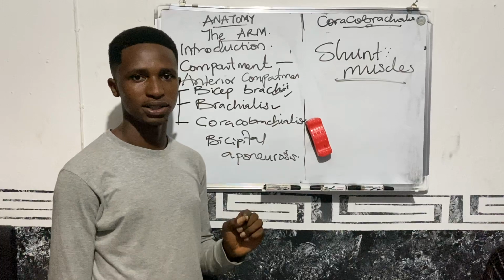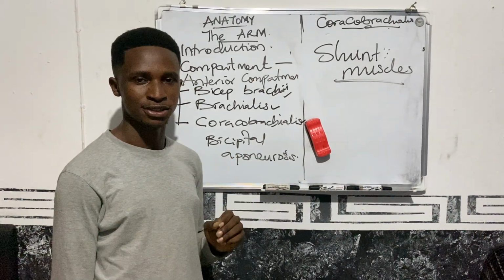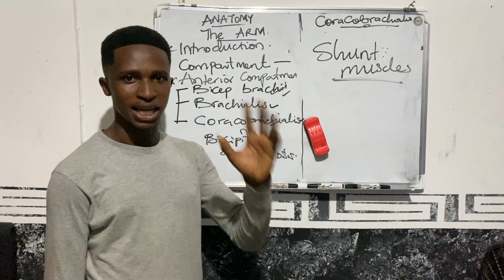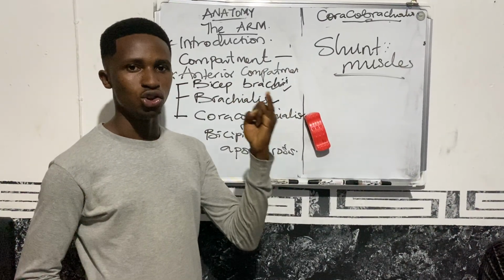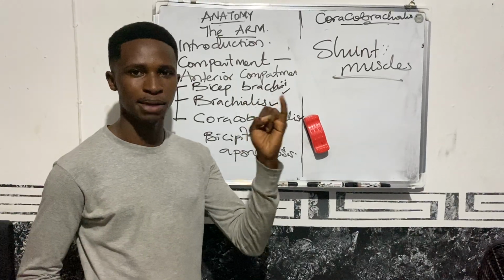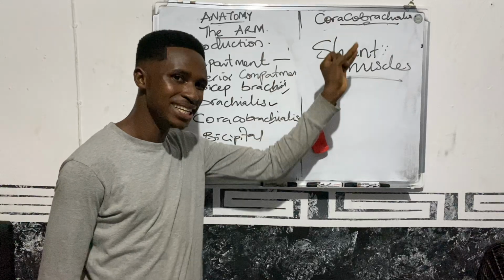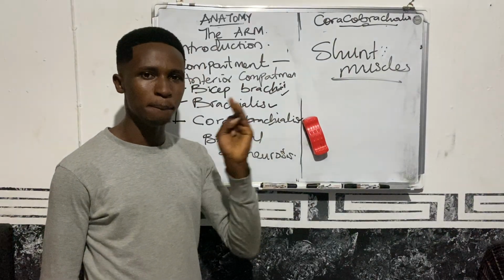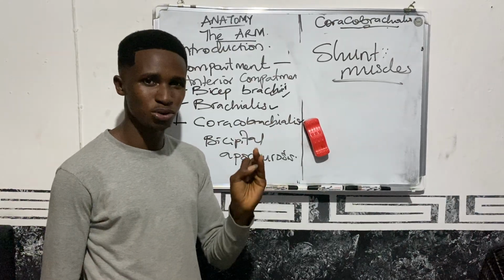Please remember that point. Now, which muscles of the upper limb are referred to as the shunt muscles? Let me list the 3 shunt muscles you need to know. Number 1, long head of triceps brachii. Number 2, the coracobrachialis muscle. And number 3 shunt muscle. It is very important to know the 3 shunt muscles, I must tell you.